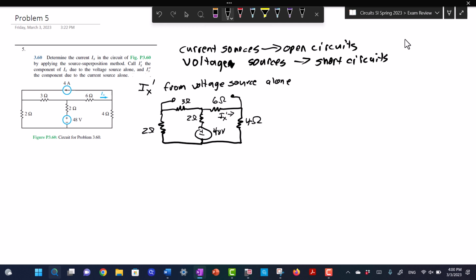Since that current source has become an open circuit, it really has just gone away. So it's just gone. And so I want to find Ix prime.